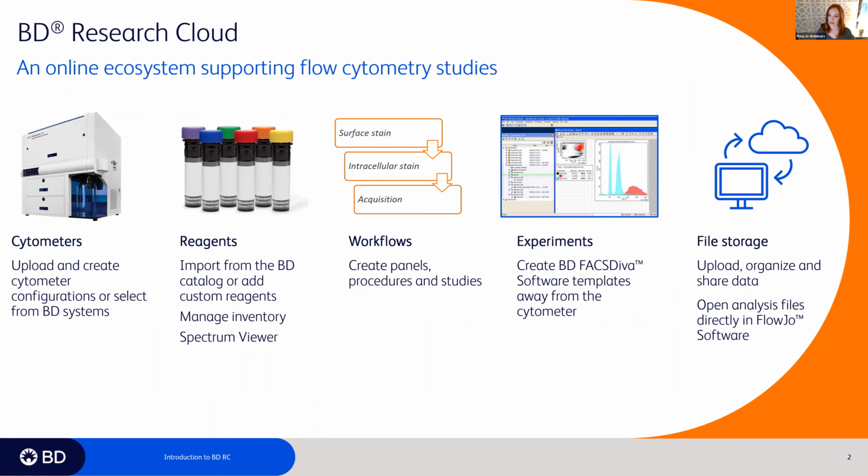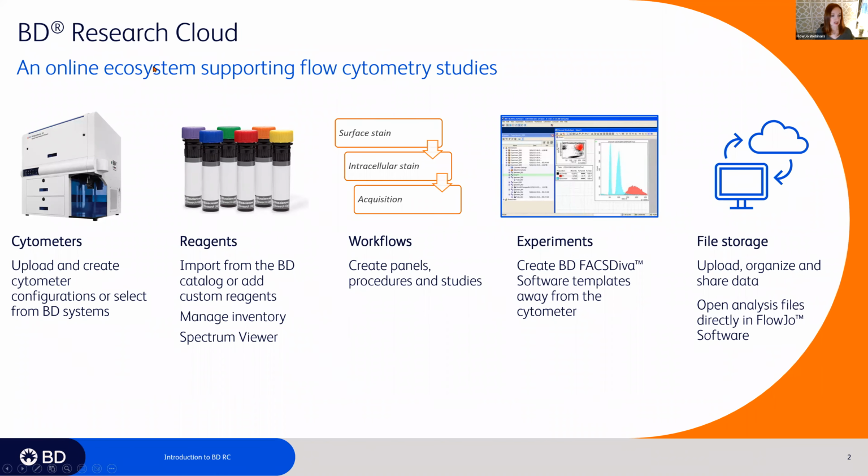How do we stay organized? Where do we put all of our files? How can we design panels in an efficient way, revisit them, reorder reagents from them, and also plan ahead for experiments that we're going to be doing at the cytometer? We've tried to encompass all of that on this platform to facilitate some of those sticky points that we often run into or wish there were simpler solutions for.